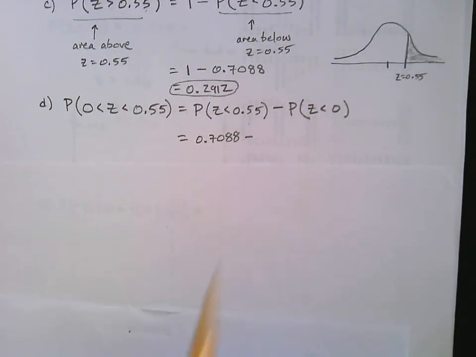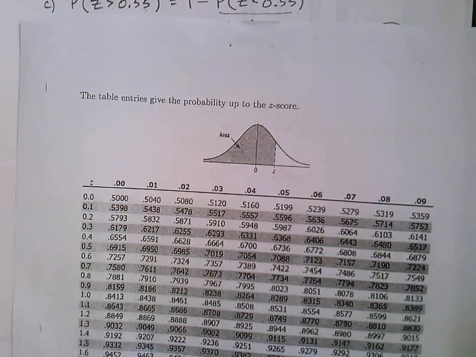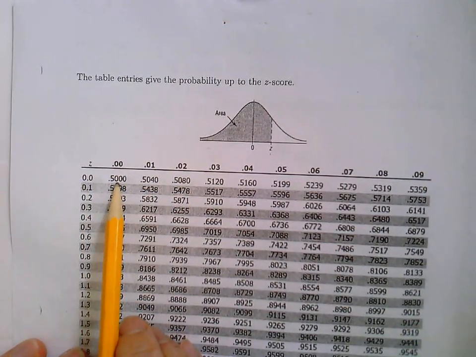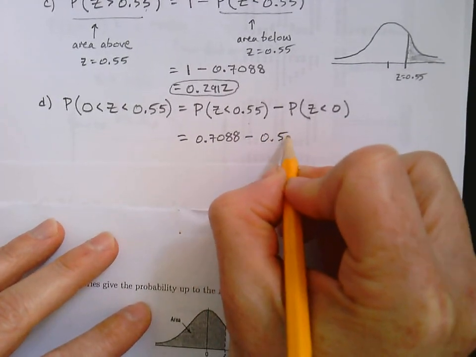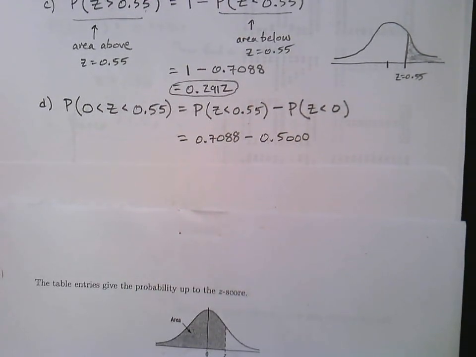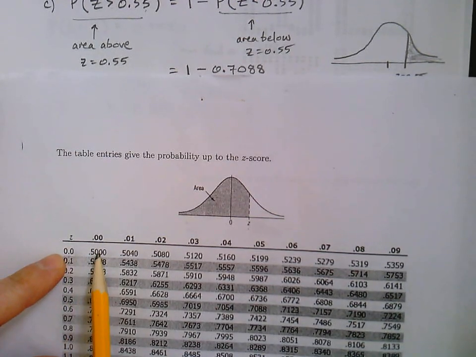How about the probability that z is less than 0? If I go to my chart, hey, there's 0. 0.00 is exactly 0.5. I'll give all the decimal places, but yeah, 0.5. Why is the probability 0.5 when z equals 0?